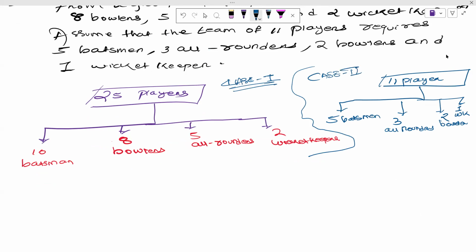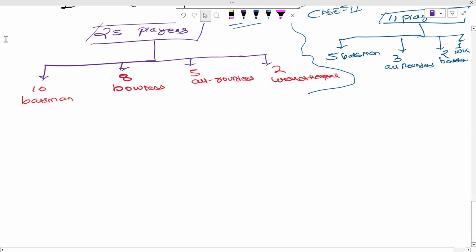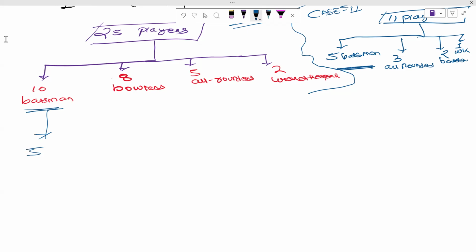Now, how exactly will we solve it? According to this, we need 5 batsmen out of 10, so I can say 10C5.